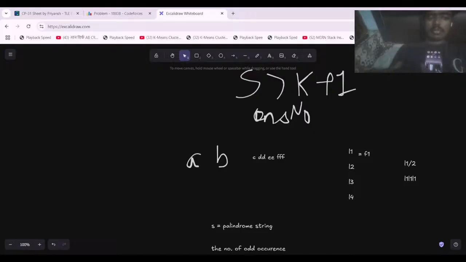So I can divide it by 2 and place three letters in the front and three letters at the end. Now let's say it comes into the picture that I have to take the next one, F2.